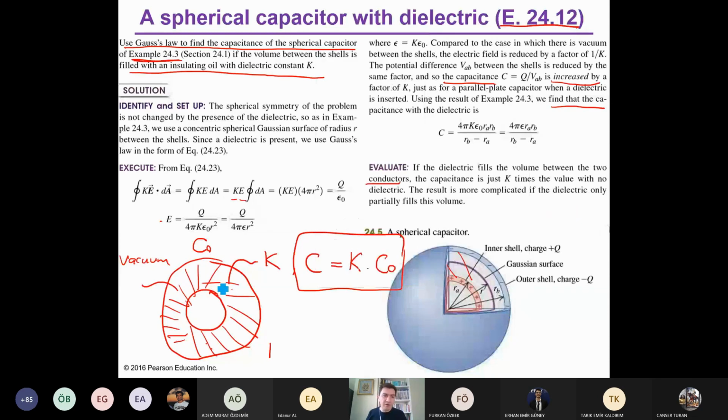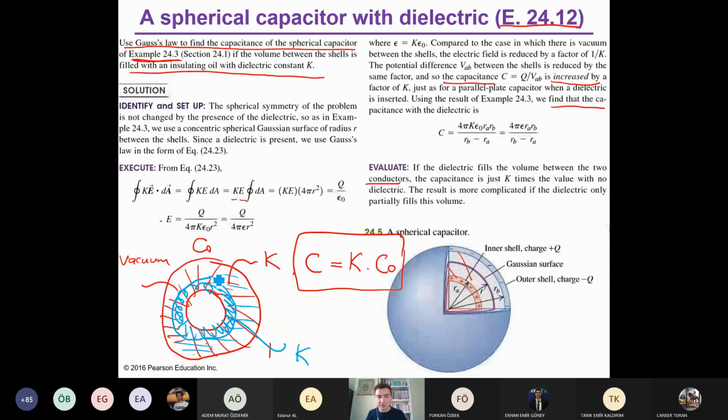But in some problems, in some questions, maybe in an exam, you can have a different situation. Only this part of the gap is filled with the dielectric material, and this part is air again.